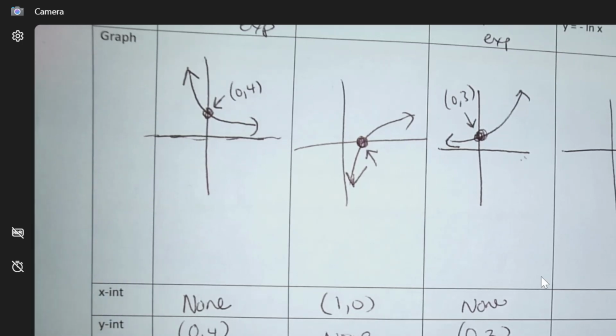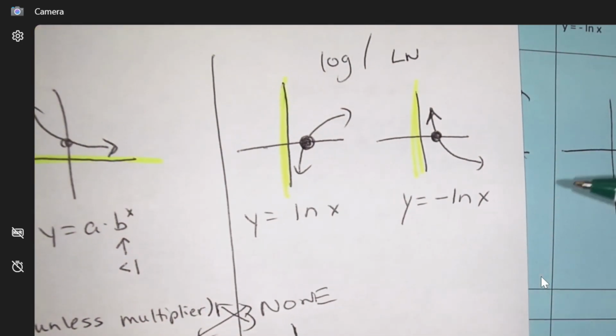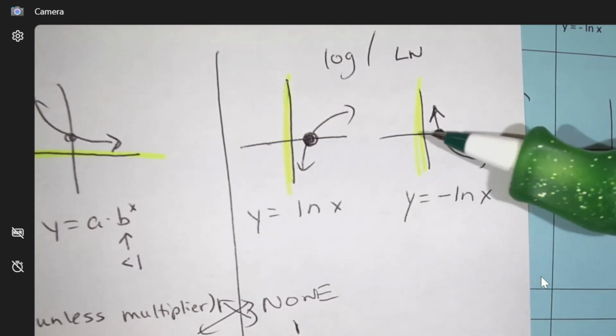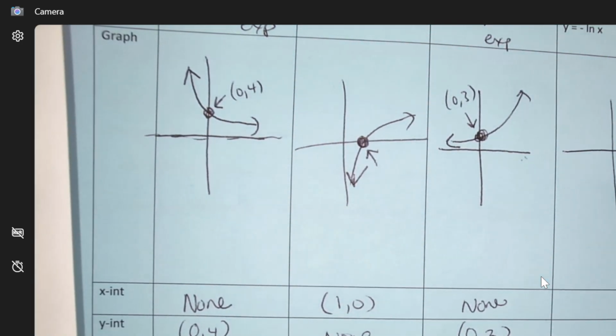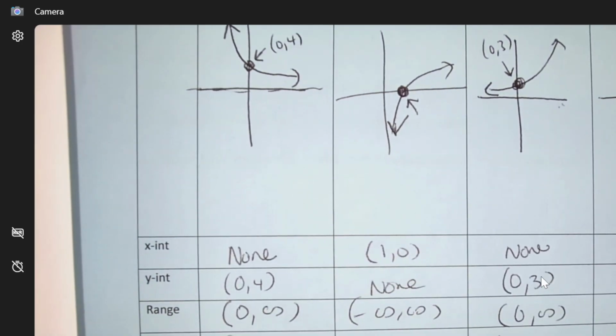And the last one, a negative log shape. So the last one is actually going to look like this. Log shape, negative log shape. X-intercept, 1.